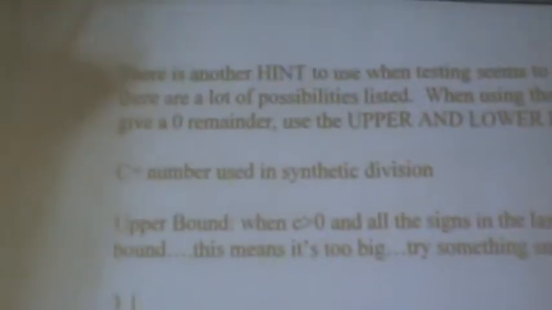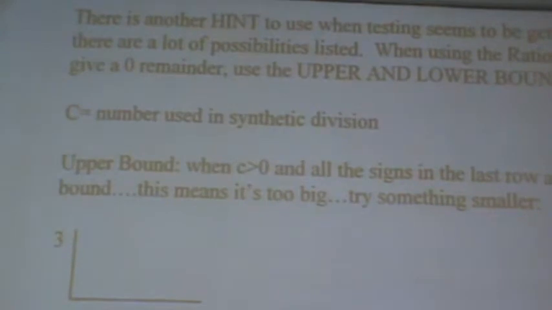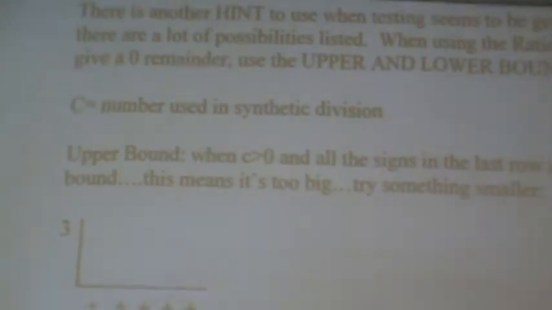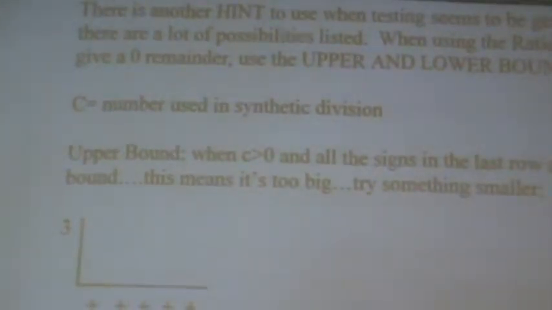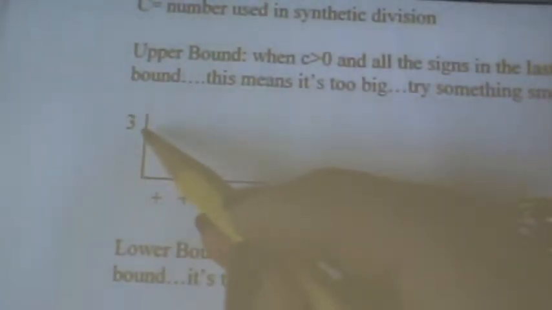So, you're going to use this upper and lower bound test on types of problems like this where the list is just crazy. You've got a lot of possibilities. You don't want to go crazy with all these numbers, so it's nice to have a hint.